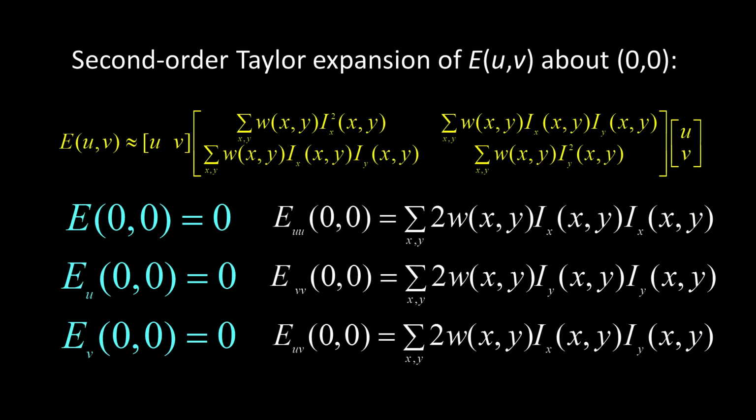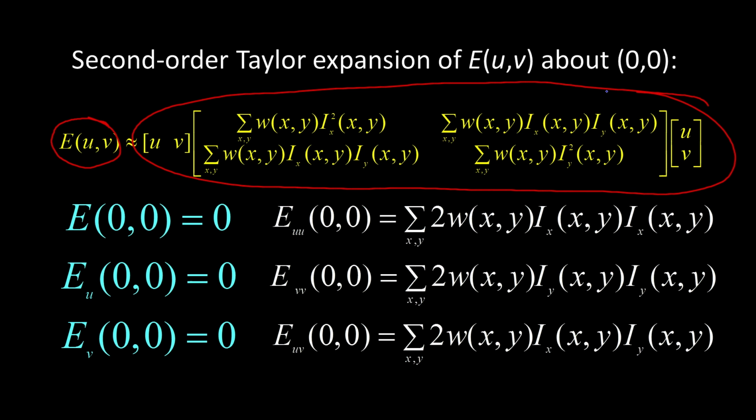The only thing we have left is that the evaluation of that error function for a small u and small v is approximately, remember it's a Taylor series approximation, this function. Okay? And remember, no more second derivatives. They've been killed by multiplying by these zeros. We just have the squares of the first derivatives and then the product of the two different derivatives.